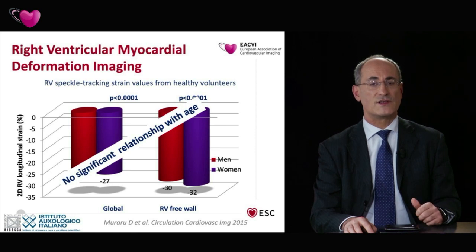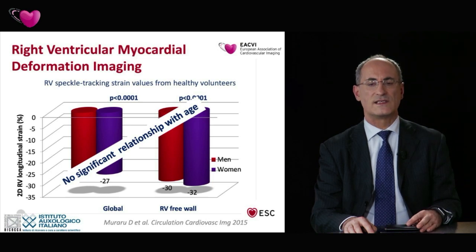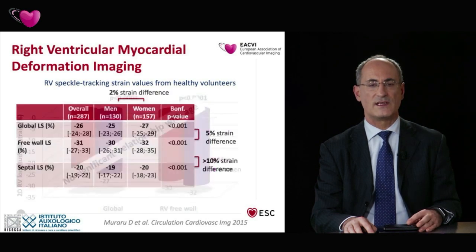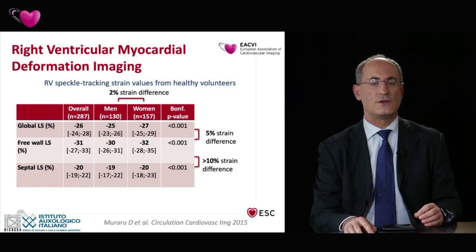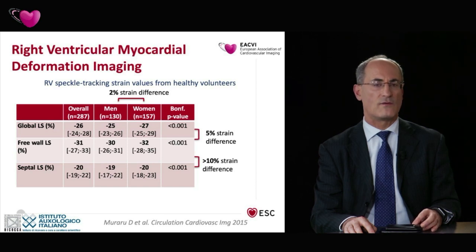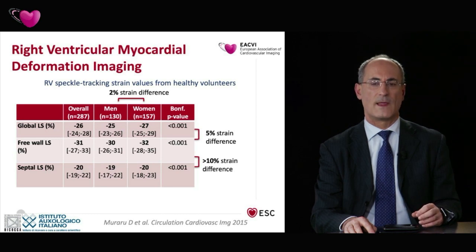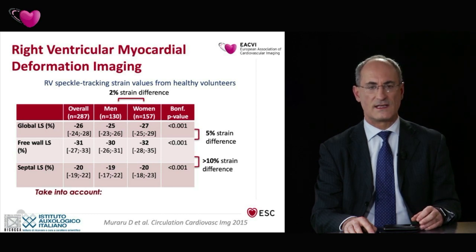There is no relationship with age, so it doesn't increase or decrease with age, so this can be discarded. To summarize, there is at least a 2 percentage point difference in strain between men and women, and at least a 5 percentage point difference between global four-chamber and free wall strain. This is just to understand the differences that are there.